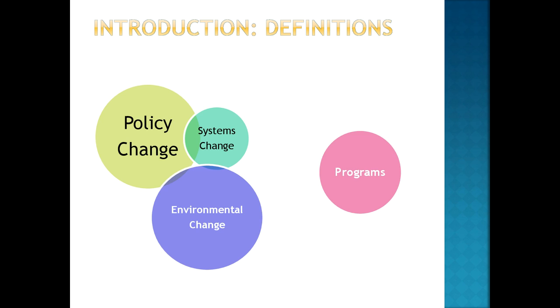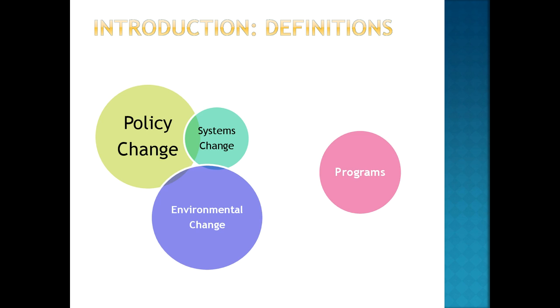Environmental changes are interventions that impact physical changes to the economic, social, or physical environment. These are changes that you can see, touch, or interact with directly. We also have programs off to the side, and programs play an important role.